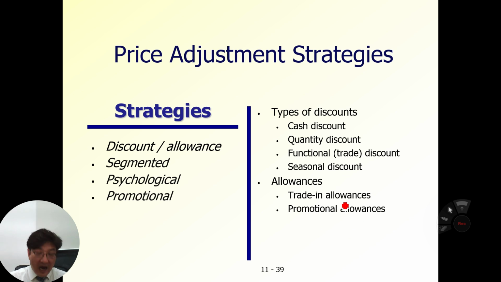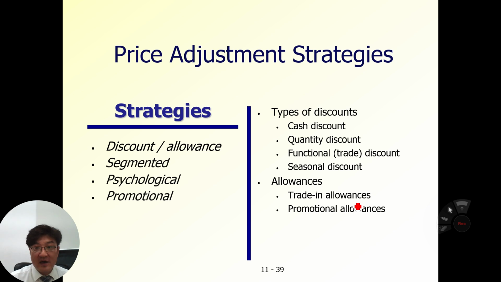Trade-in allowance is like when you want to buy a car, you give your existing car to the dealer, and they give some money to you. They don't actually give you the money, because they just cut the price by that much.